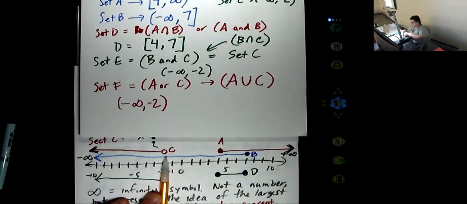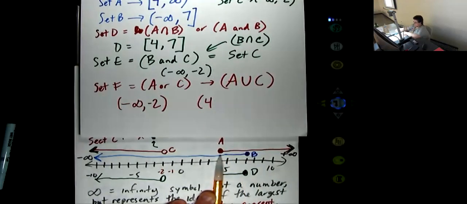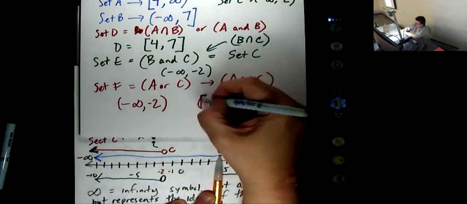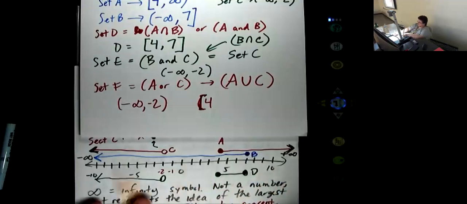And I'm doing A or C. This region right here doesn't have A or C, but when I get to 4, A starts up, so I'm going to include 4. It's brackets here. Excellent. And it keeps going to infinity.